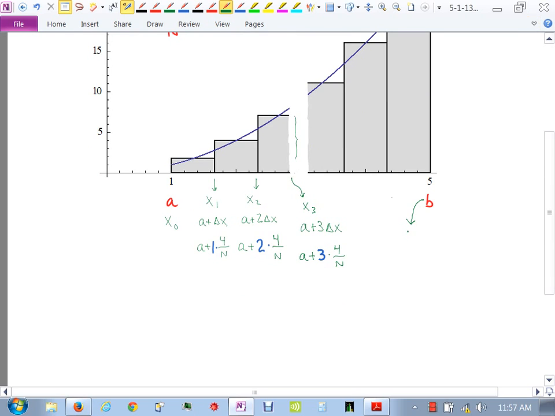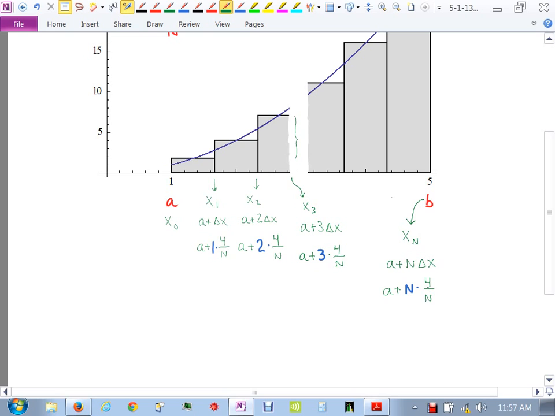So which one is this one? This would be x sub n. It is the nth right endpoint, isn't it? And that would now turn into A plus n delta x's, which is really A plus n 4 over n's, which is A plus 4.